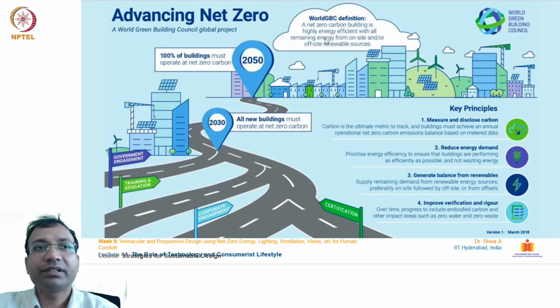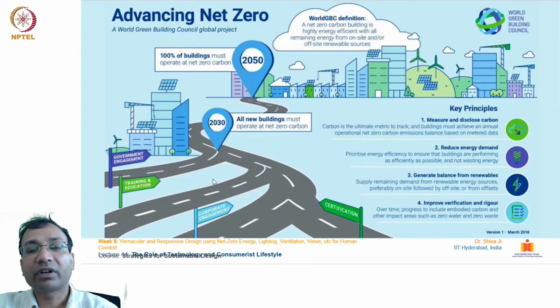So this slide talks about the World GBC. The definition of World GBC is: a net zero carbon building is highly energy efficient, with all remaining energy from on-site or off-site renewable sources. The target of this is, if you see, utilizing these four methods, how this can be implemented in the building sector: by government engagement, by training and education, by corporate engagement, and by certification programs.